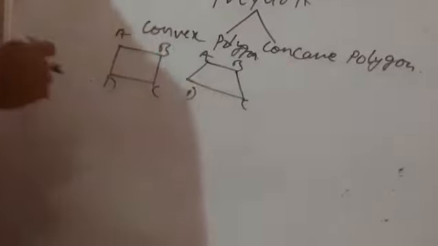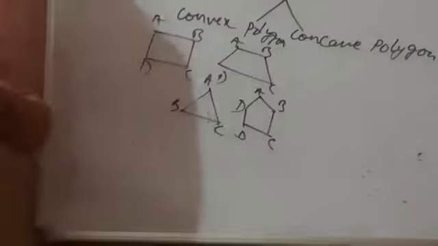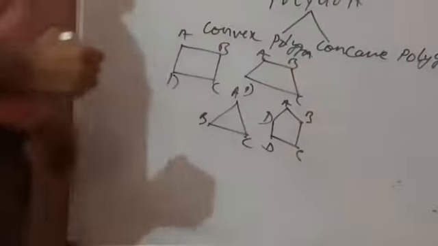Suppose this is a convex polygon, this triangle is an example of a convex polygon. Yes, it is a 5 sided figure, you say it is a pentagon. Many more things you will have. So this is all about the convex polygon. Now what about the concave polygon?